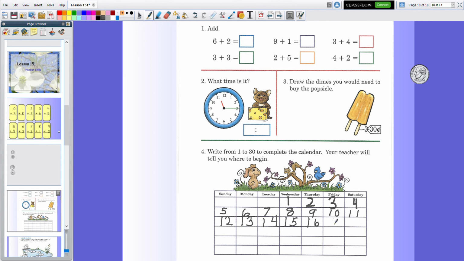And then we have the 17. There's a teen. This is 7. And then we have a 18, which is a teen, 8. So now we go back to the beginning. We have 16, 17, 18, 19. Put the 1 first.